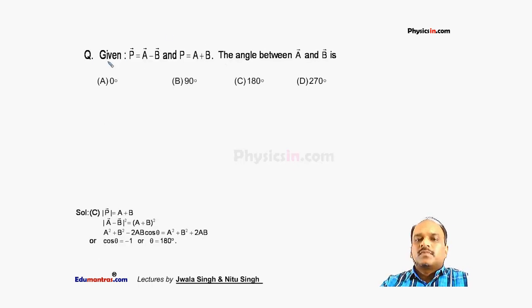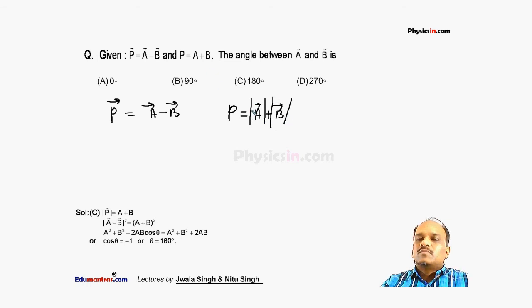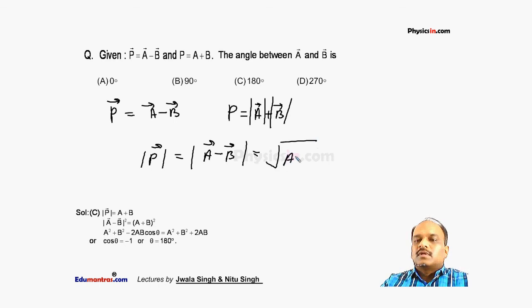Now in this question, given that vector P is equal to vector A minus vector B, and mod of P is equal to mod of A plus mod of B. So I can say mod of P is equal to mod of A minus B, which is equal to root over A square plus B square minus 2AB cos theta.